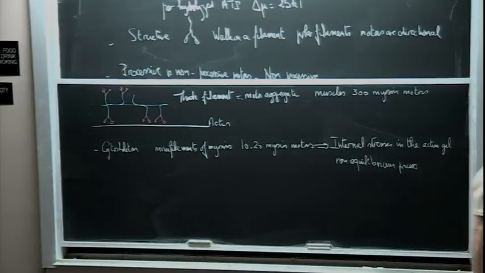Now there's the last thing that I wanted to show you with respect to what Zvonimir was showing yesterday. He showed you these gliding assays. So you bind myosin motors by the tail, and you put actin filaments on top of it, and you see the actin filaments moving. I will show you one, except that at the beginning of the movie, the motors don't have any ATP.